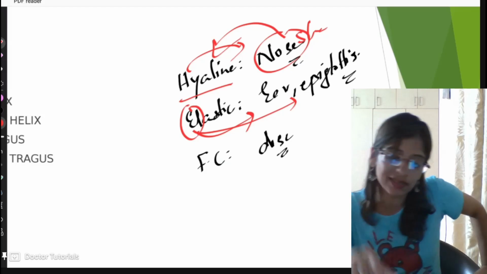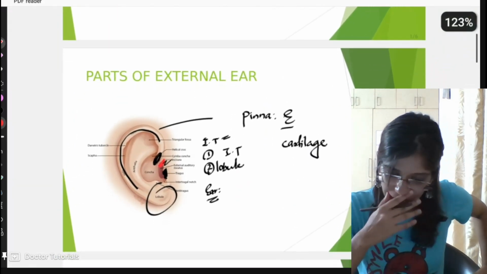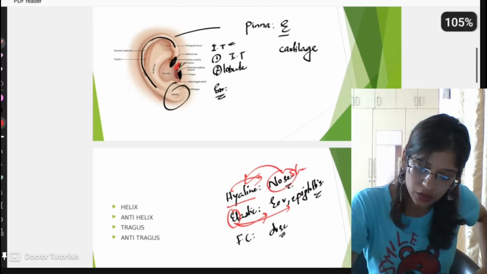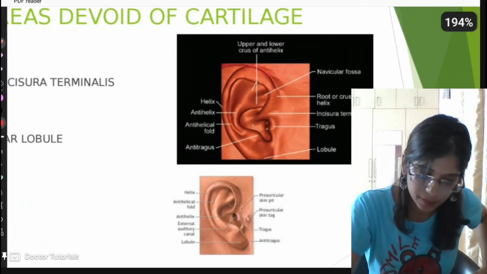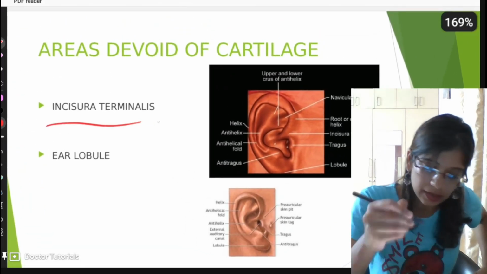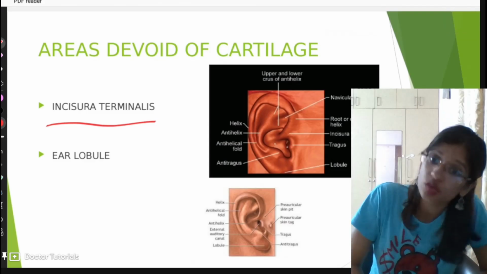Okay. So the cartilage part is over, and the parts of the ear also you have learned. Okay. Now, two lines about the incisura terminalis. See, why is this part important, the incisura terminalis?